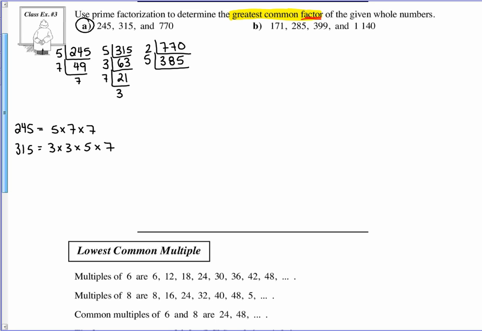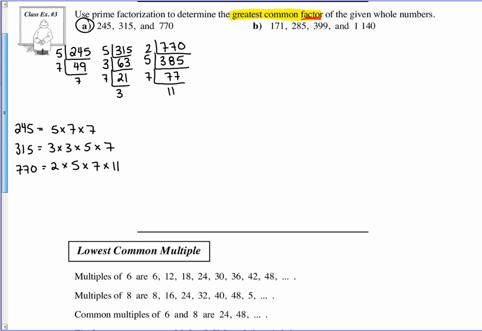And that gives you 77. Well, that's nice. We can divide that by 7. It gives us 11. So, don't forget to include the prime number on the bottom too, right? So we have 2 times 5 times 7 times 11.